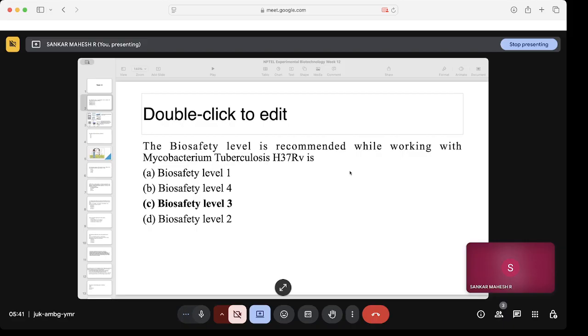Biosafety level 2 is for compatible strains. Okay. What are those?